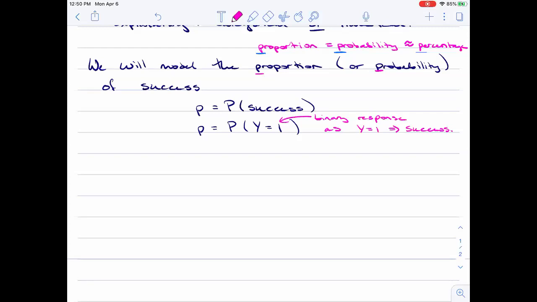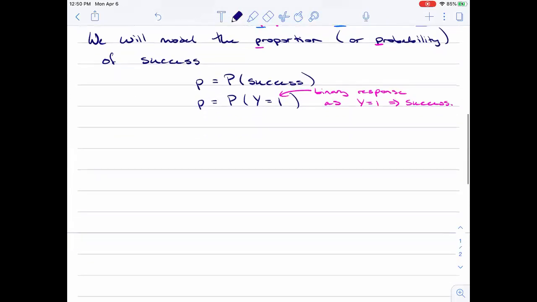So what we can do is we've got P, which is the probability of success or the proportion of successes, it doesn't matter. We could fit a model, usually a linear model, to P against X, the explanatory variable.